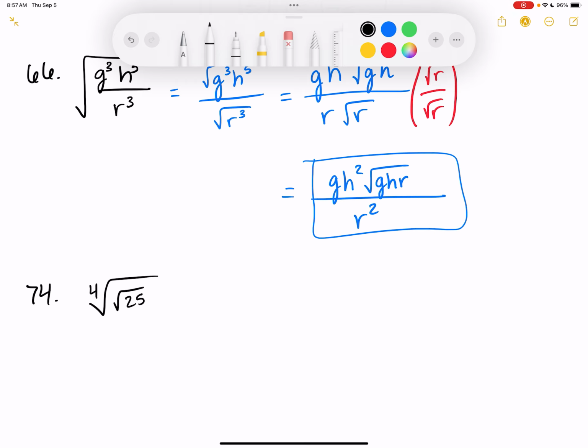So the way I work is just PEMDAS. I start in the innermost part and I work my way out. So what is the square root of 25? 5. So this is going to become the 4th root of 5. Can I break that down any farther? No, I cannot. That's it. A little bit of a trick question there.